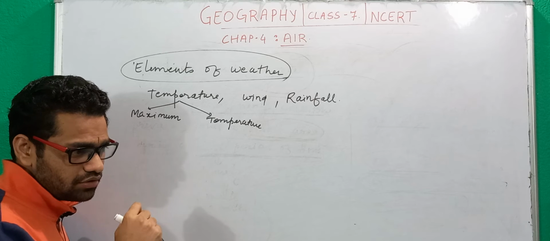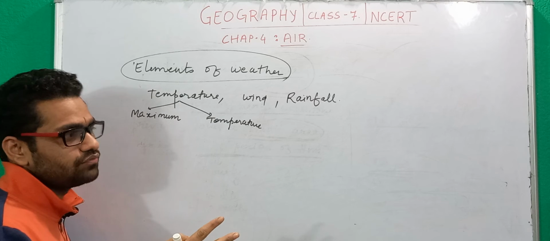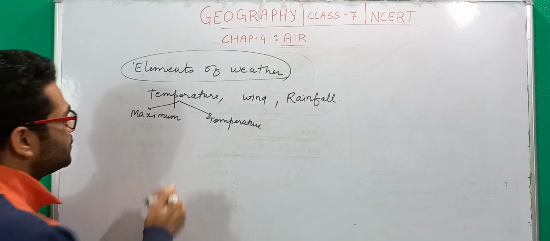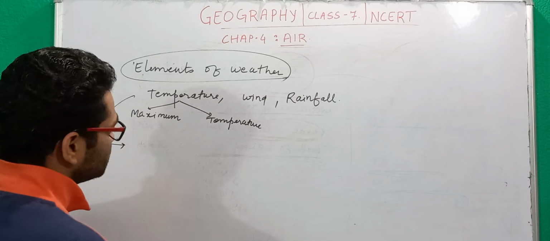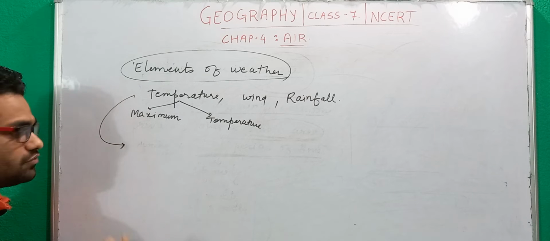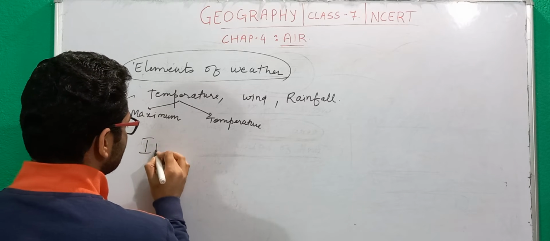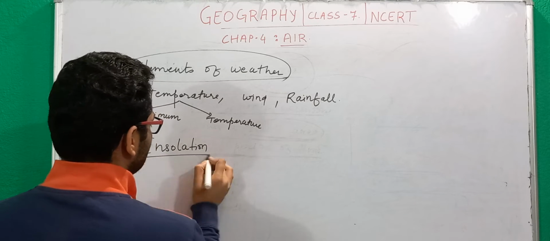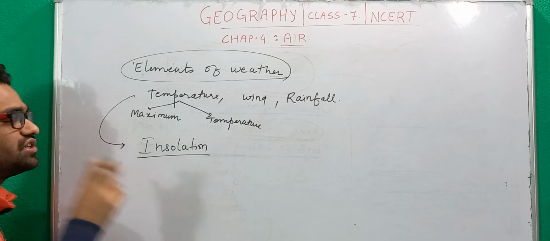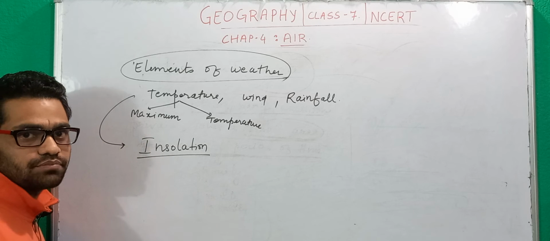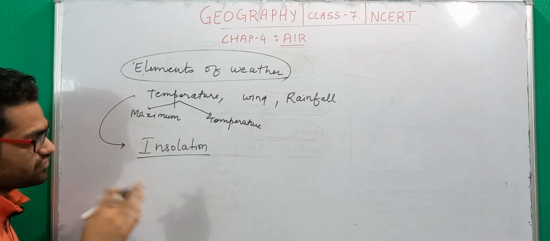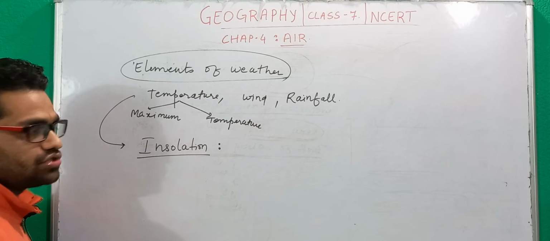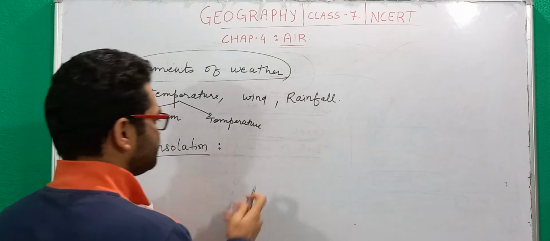Now when we talk about the temperature of the earth or its surface, the most important term that you have to consider is insolation, because insolation is the most determinant factor of the temperature of a place. So let's try to understand what insolation actually is.